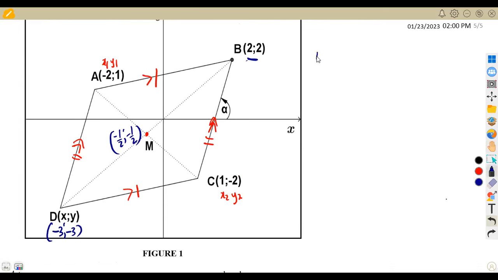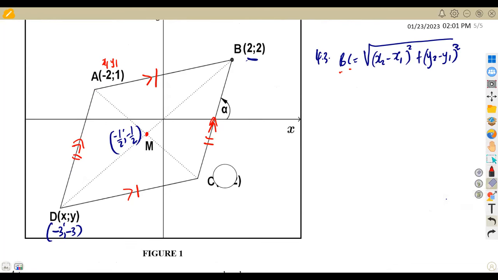So remember that the length of a line, so this is 4.3, is given by the square root of x2 minus x1 squared plus y2 minus y1 squared. Okay, so this is what you're going to do. You're going to name your points. Remember, this is with B and C. So this is our B, and that's our C. So now we're going to name these points.